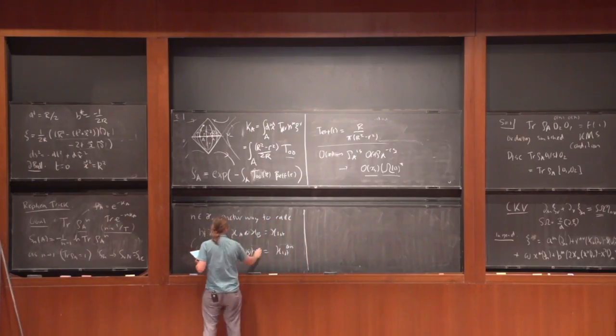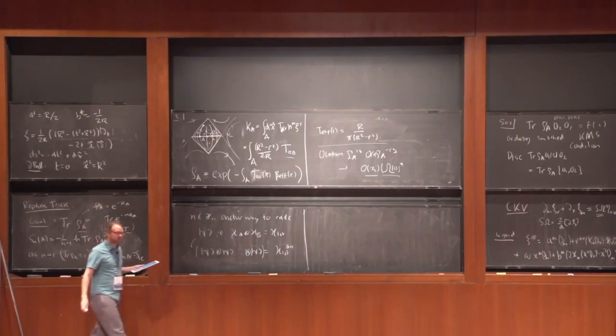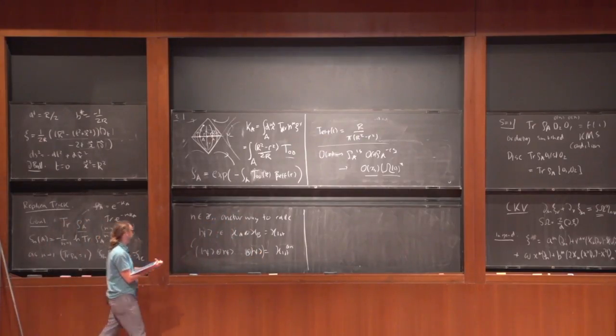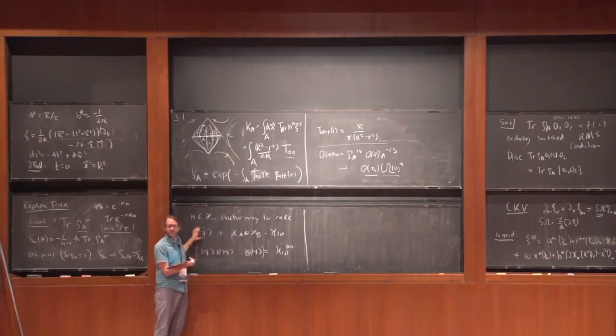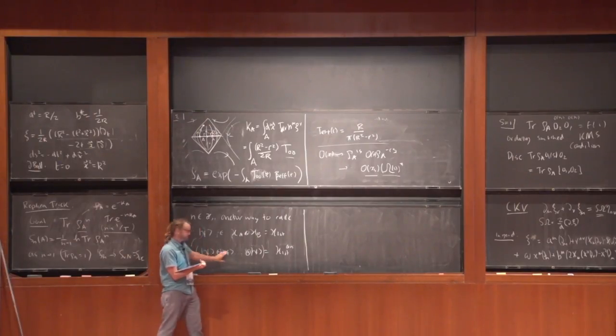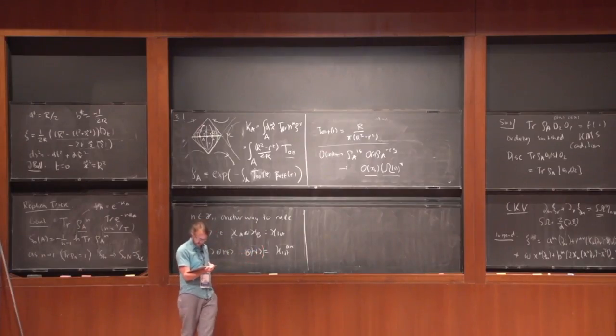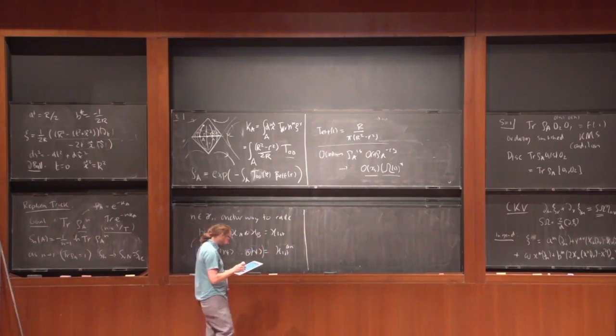Now, of course, this seems to violate no cloning, but we know this state, right? So let's say we know how to prepare this state, then all I'm telling you is to prepare it n times. Okay, so that's not a big deal.